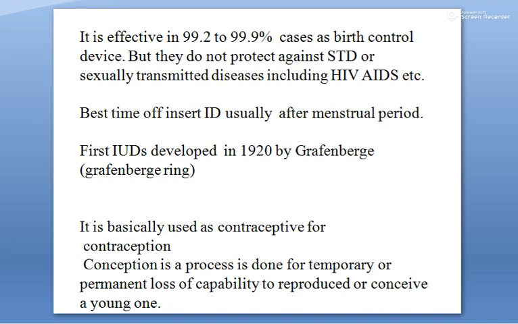It is effective in 99.2 to 99.9% of cases as a birth control device. They have many advantages as well as some disadvantages. We will discuss the advantages and disadvantages elaborately after some time.